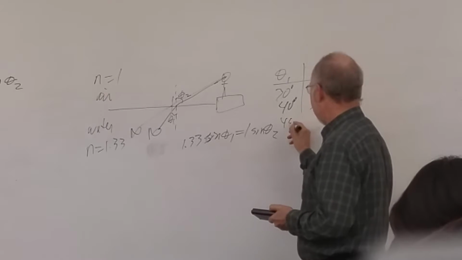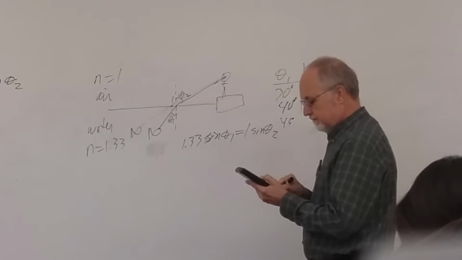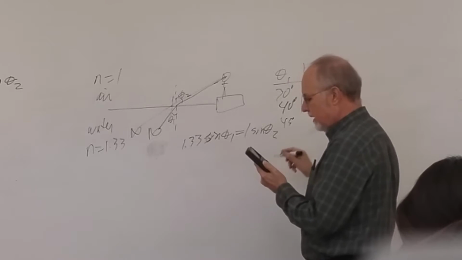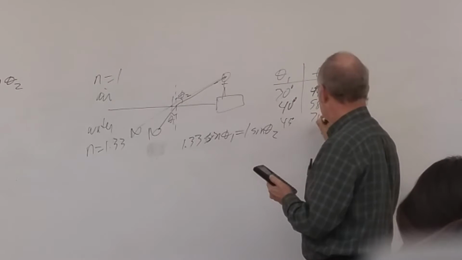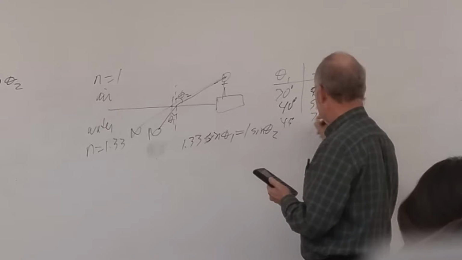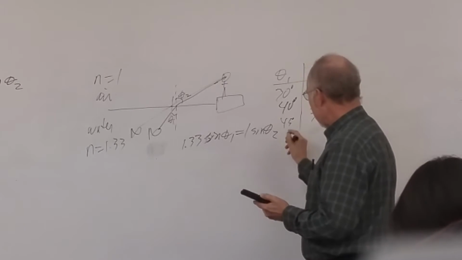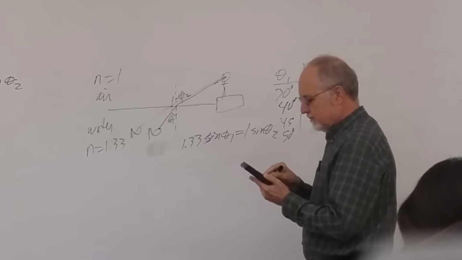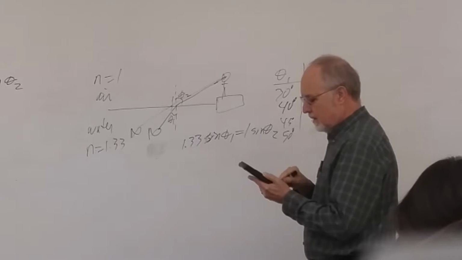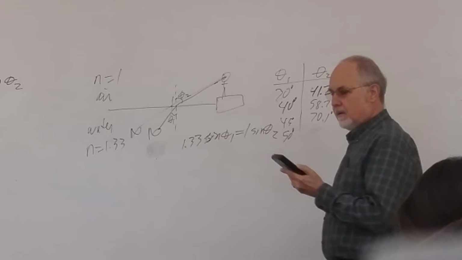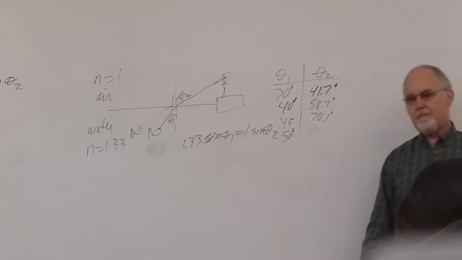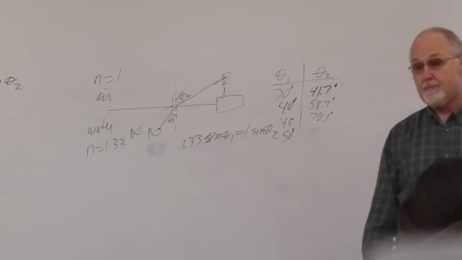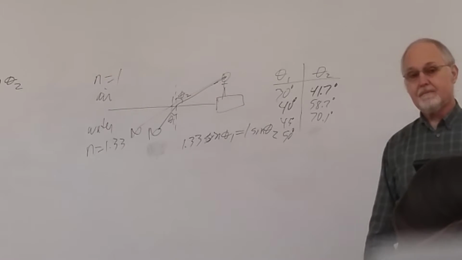If I go to 45 degrees, now I'm up to 70.1 degrees. If I do 50 degrees, my calculator gives me a complex number, an A plus Bi type of number.